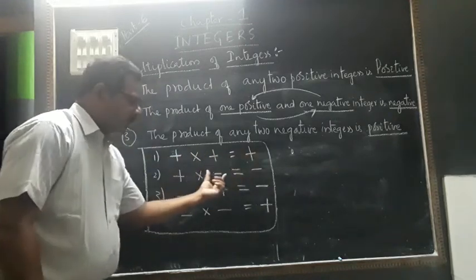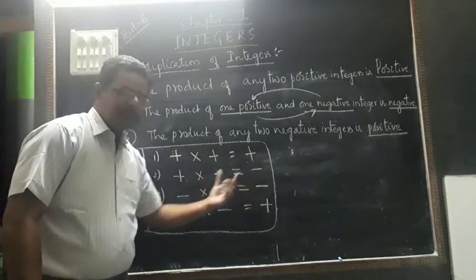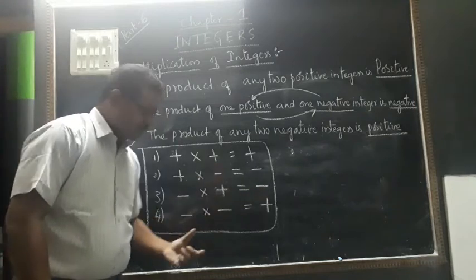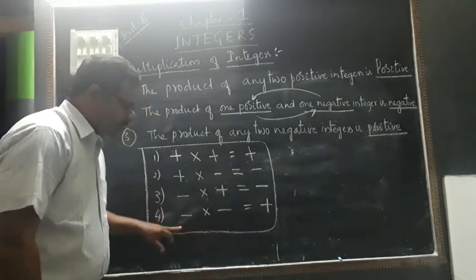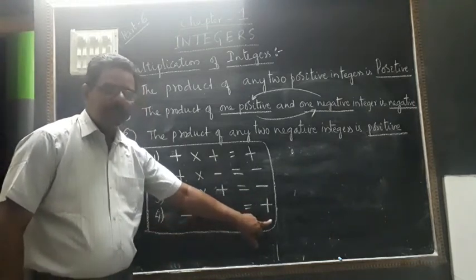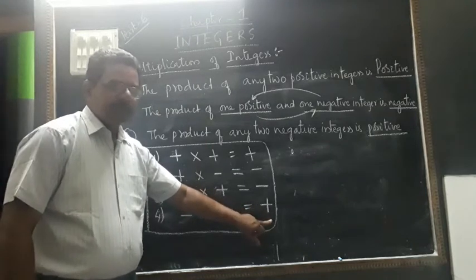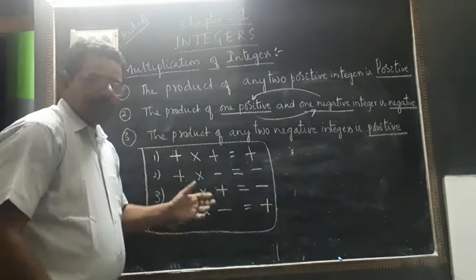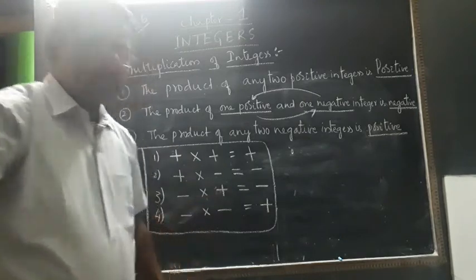A positive integer and a negative integer give a negative integer. A negative integer and a positive integer give a negative integer. And the multiplication of two negative integers is always a positive integer. Understand? So these four formulas you have to remember, and we can solve some examples.